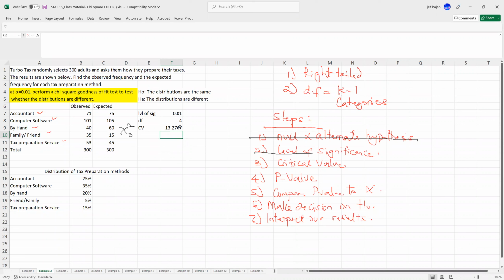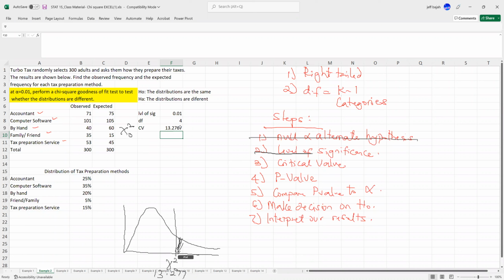Remember, this is a right tail test, so it's going to be right tail. So think of that as something like this, right? It's right-tailed. And so we're going to say critical value, right? This is 13.277.